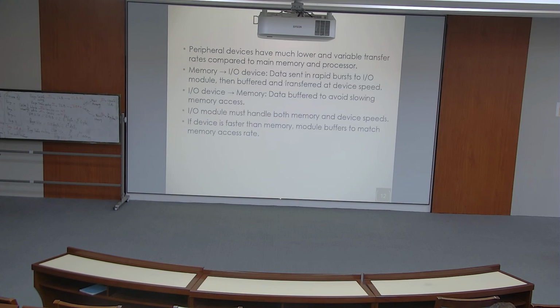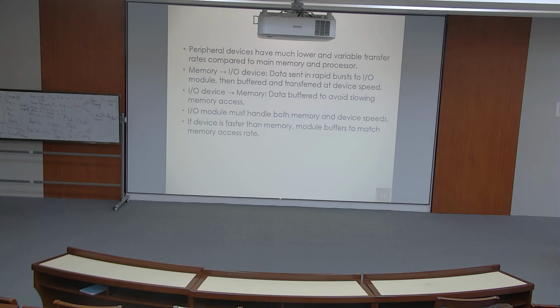We need the data to be sent in what we call a rapid burst to the input-output module. Then it needs to be stored in what we call a buffer, and sent to the device later on to avoid the waiting time of the central processing unit or the memory.